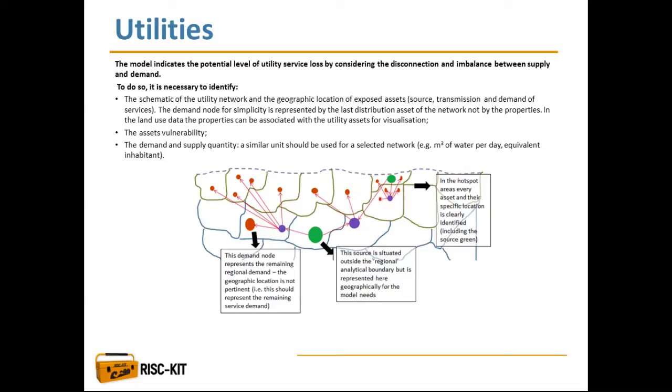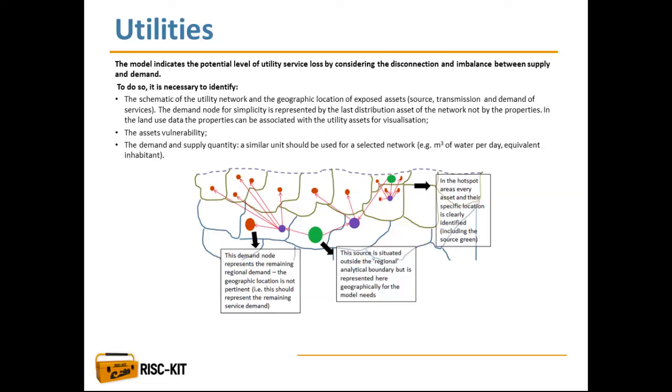You will also have to find information of the asset's vulnerability that will be inputted into the CHT for INDRA text file. And you need to assess the demand and supply quantity. You should use a similar unit for a selected network. That could be for water supply, for instance, the volume of water per day or the equivalent inhabitant.